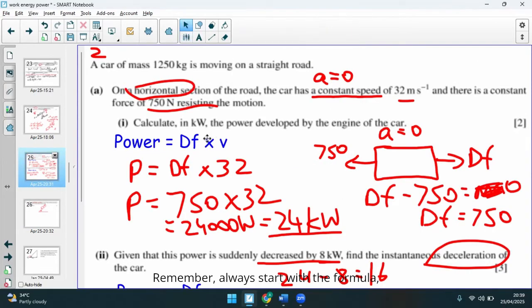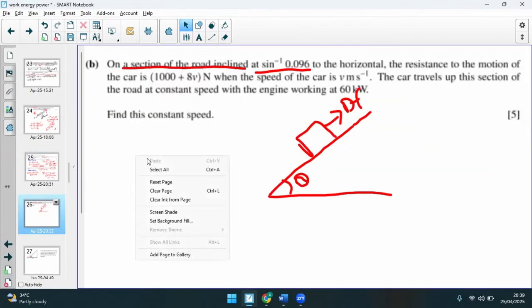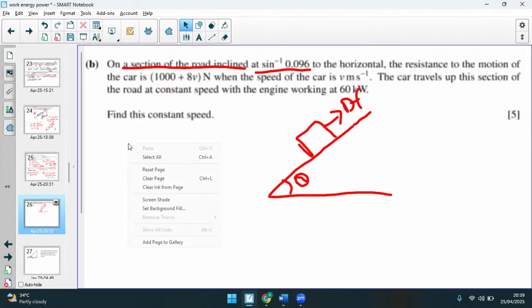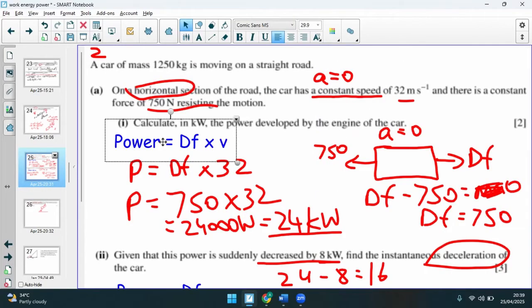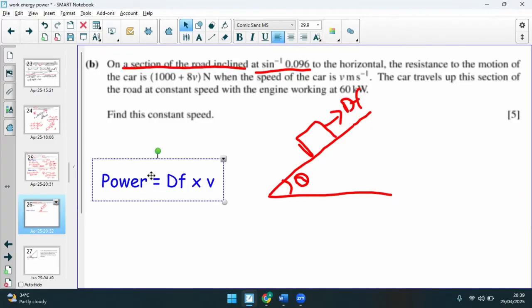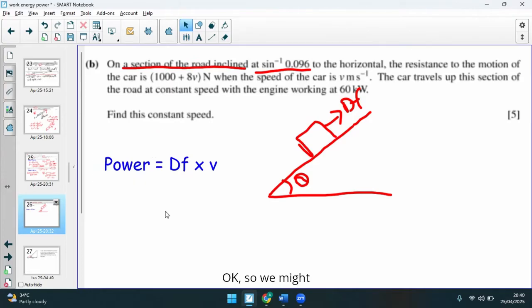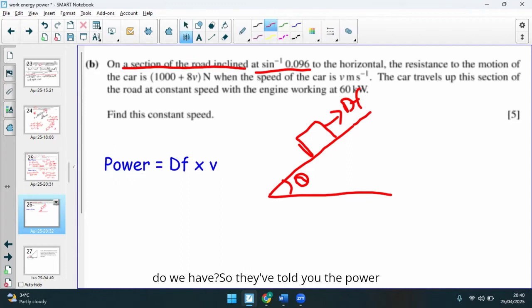Remember, always start with the formula and see what you need. So what part of this do we have? They've told you the power, 60 kW. So that's 60,000.